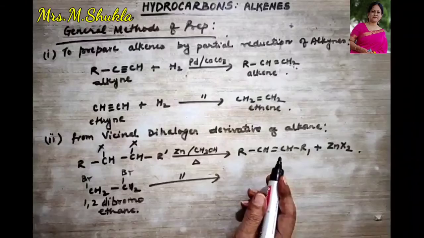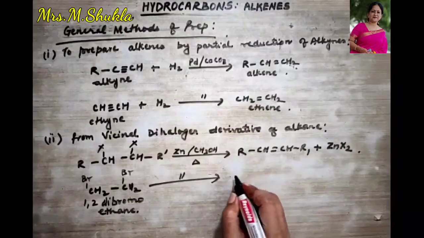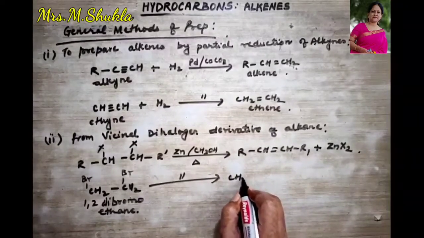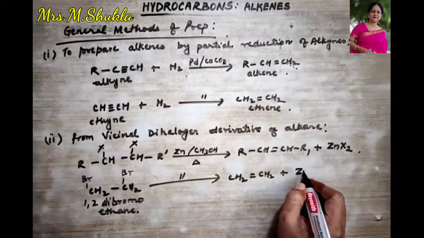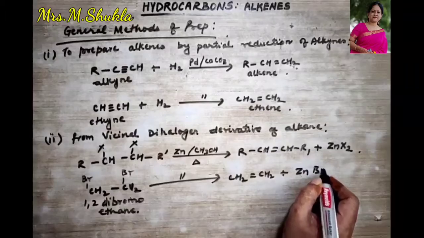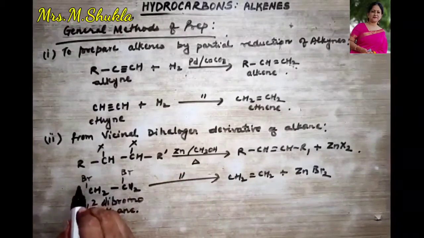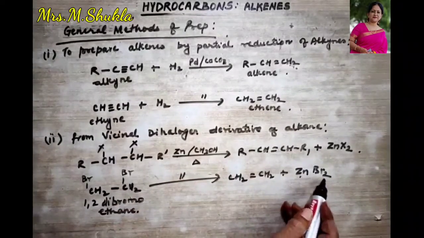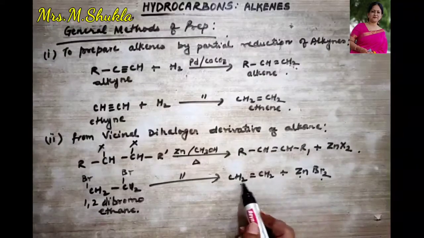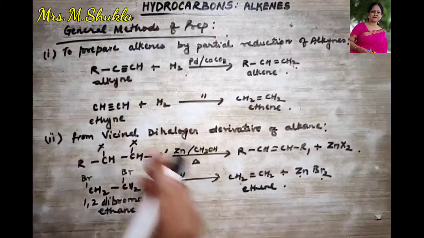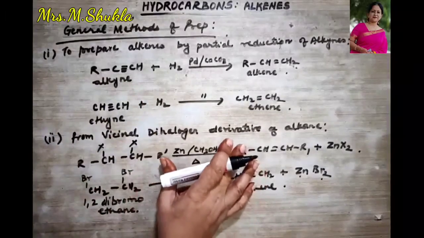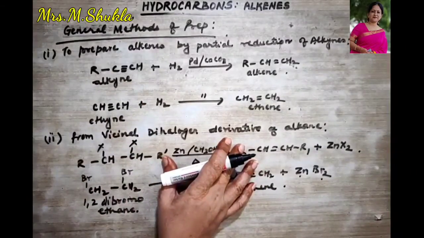So what is that corresponding alkene? We will get ethene, that is CH2 double bond CH2 plus ZnBr2. With zinc, this bromine will combine to get zinc bromide and we get our ethene. So I hope these two methods for preparing alkenes are clear to you.